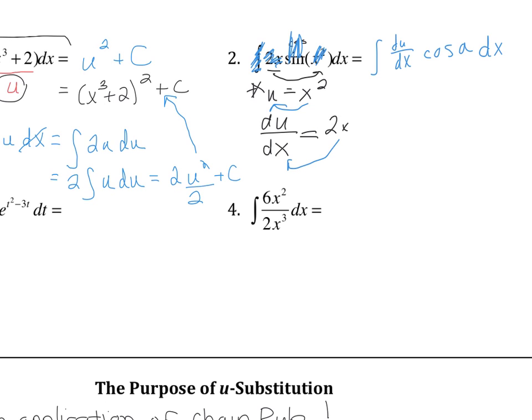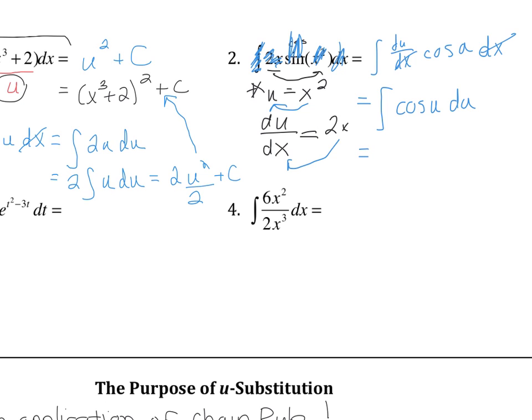But notice, everything's working out because the dx's cancel. And that's your hope, that if you do this correctly, all of your x's will cancel out at some point, and you will be left with an integral that just uses u's. So let's rewrite this. Okay, so the integral is cosine u times du.